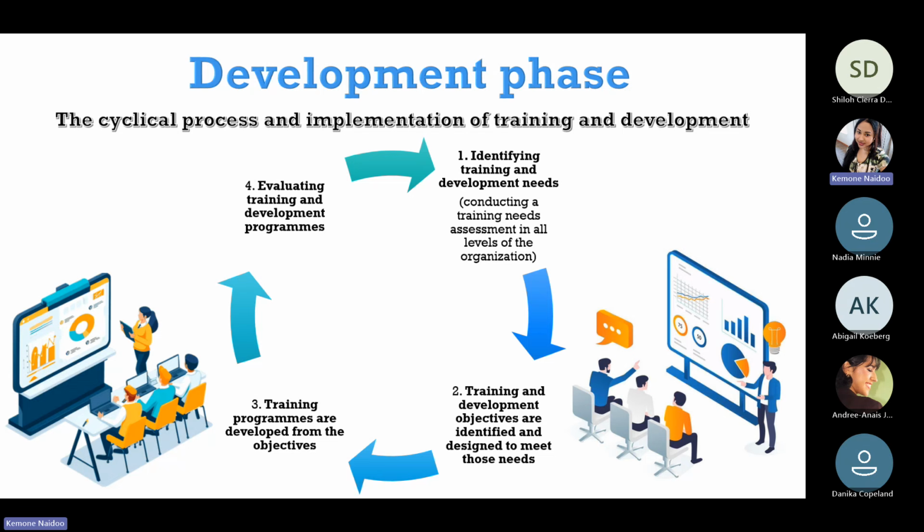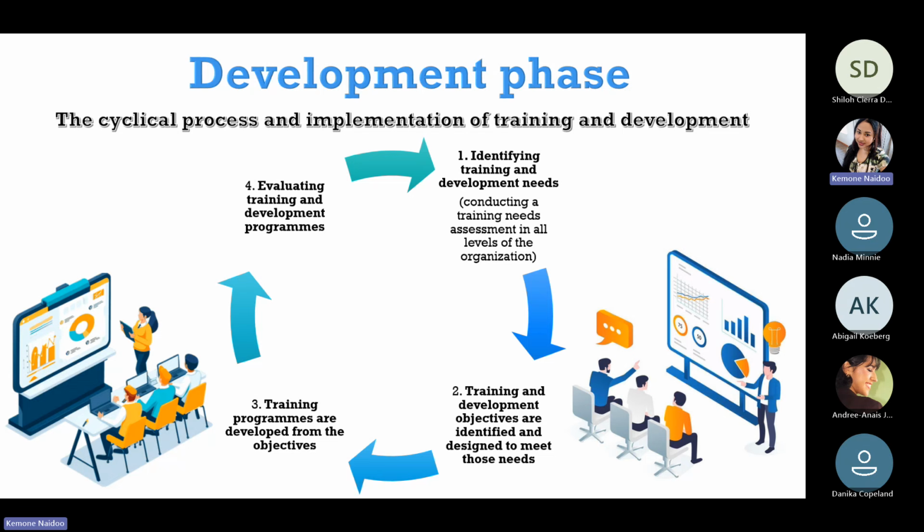Okay. Then we come to the second step, which is training and development objectives that are then identified and written out. Okay, we always need to create objectives when it comes to any type of plan that we have to implement. Having an objective gives us direction.